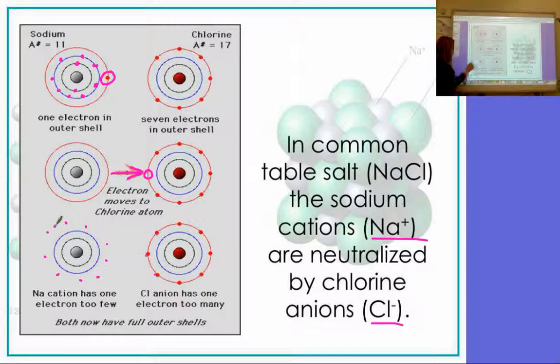Sodium actually shrinks in size because now it goes from 3 electron rings down to 2. And sodium's now happy. Why? It had those 8 electrons in the second ring that are now its new valence shell. So sodium now also looks like a noble gas, and it's full with its 8 valence electrons.